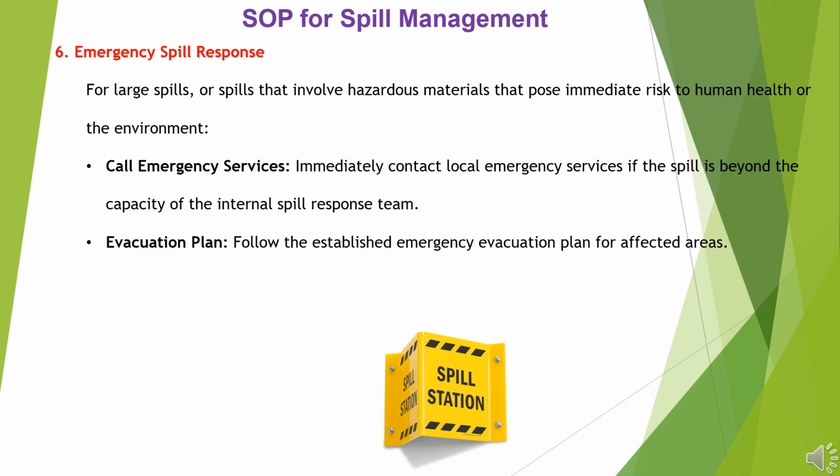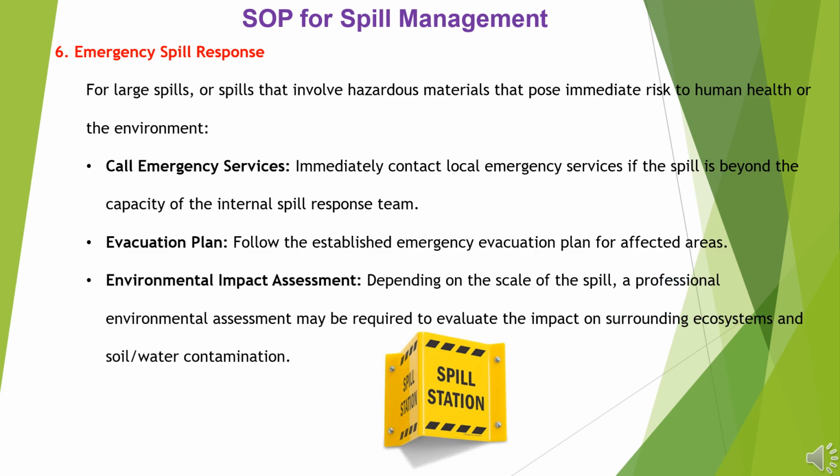Evacuation plan. Follow the established emergency evacuation plan for affected areas. Environmental impact assessment. Depending on the scale of the spill, a professional environmental assessment may be required to evaluate the impact on surrounding ecosystems and soil/water contamination.